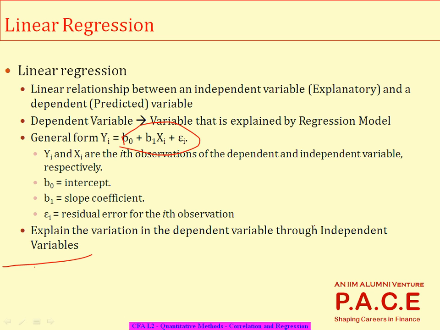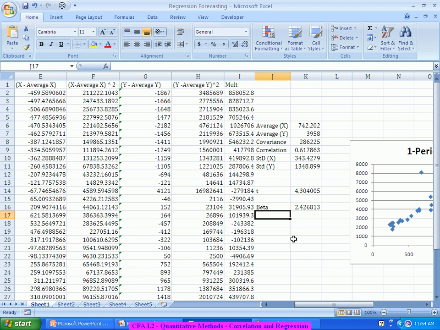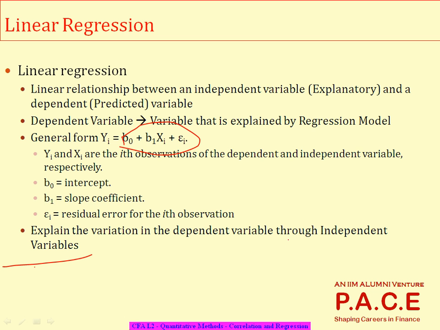And the way I arrive at b naught is, I'll take the average of y. Assume that instead of y1, you take y average. Y average equals b naught plus b1 times x average. Right?